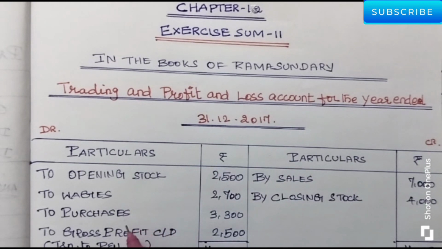Then after subtracting the given purchases returns from the purchases, you enter the final, that means net purchases, in the outer amount column. For this exercise sum number 11, they didn't give purchases returns. So you have to enter to purchases 3300 on the debit side of the trading account, we entered.